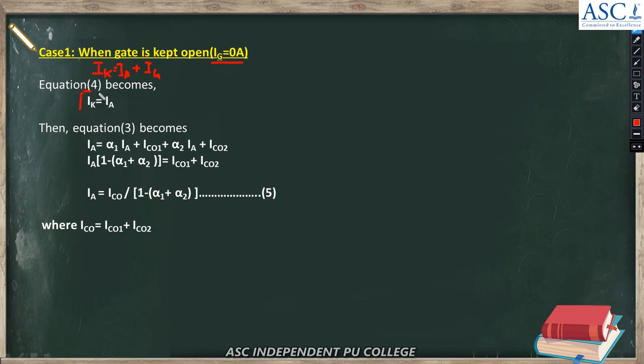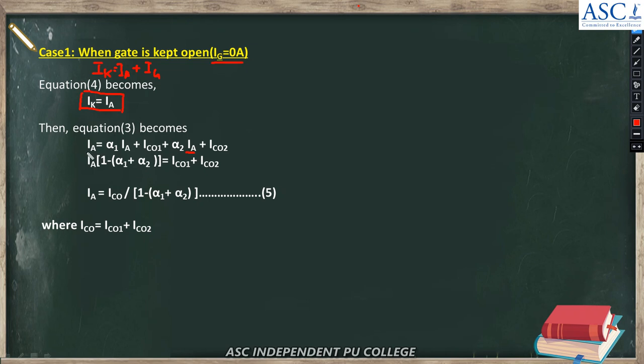Now substitute this IK value in equation 3. IA equal to alpha 1 IA plus ICO1 plus alpha 2 IK, and instead of IK, substitute IA, plus ICO2.